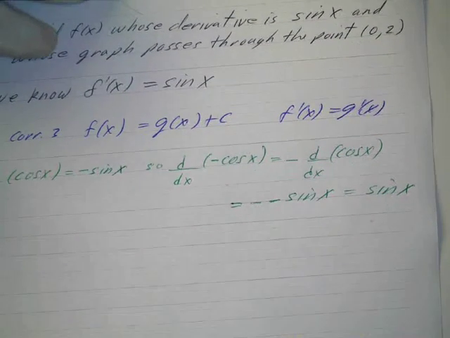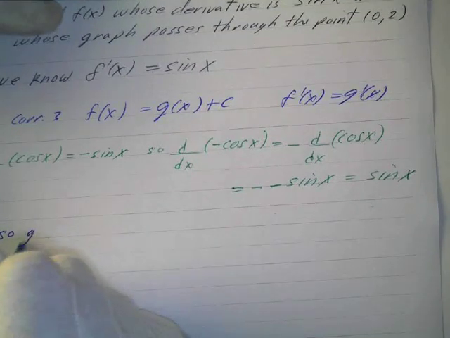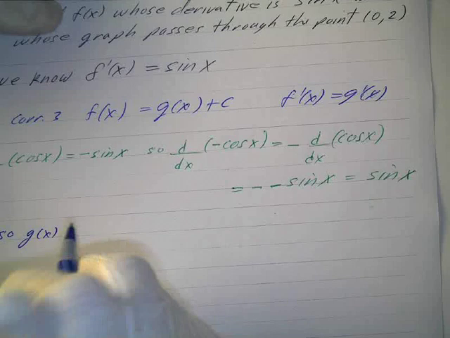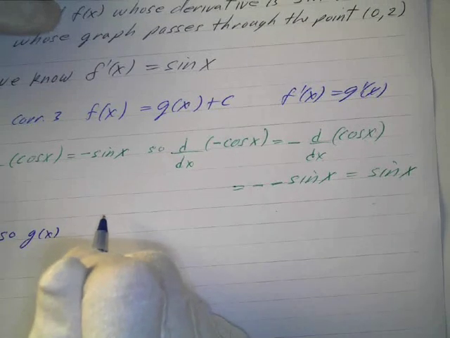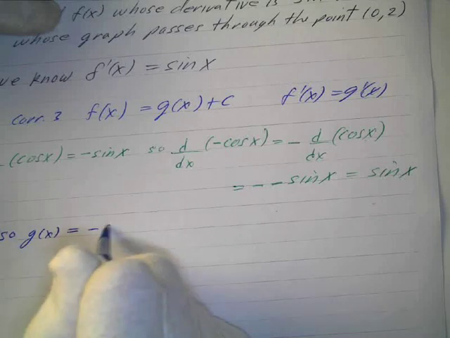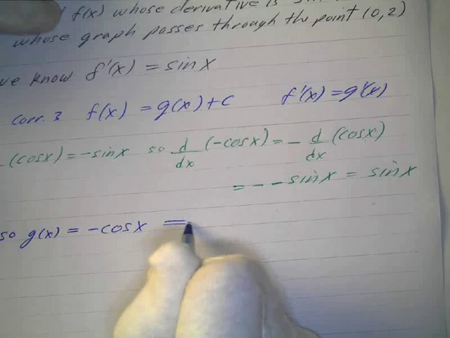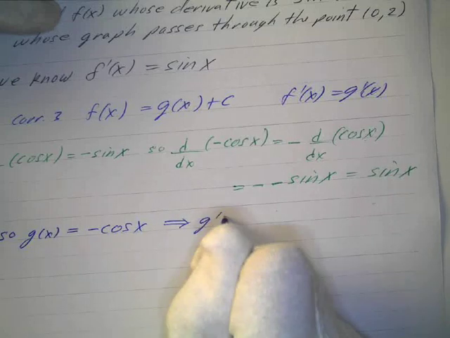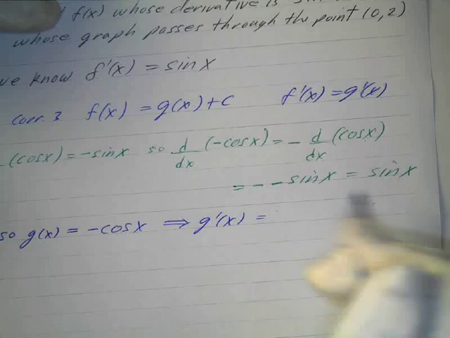So I can say that g of x, if that equaled negative cosine of x, then that would imply that g prime of x would be equal to sine of x.